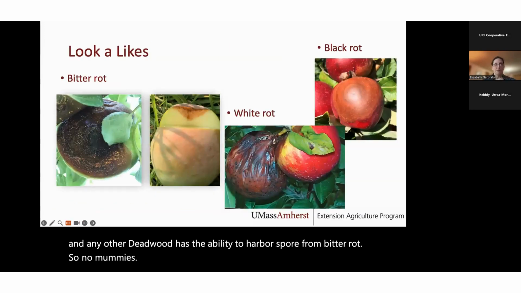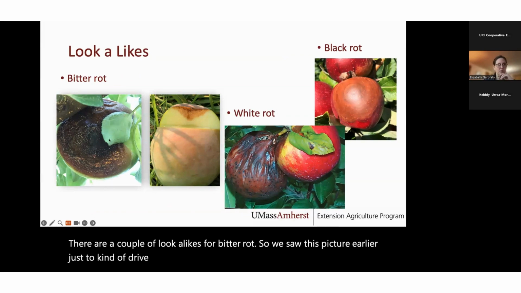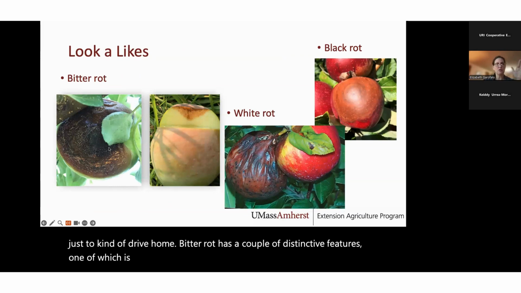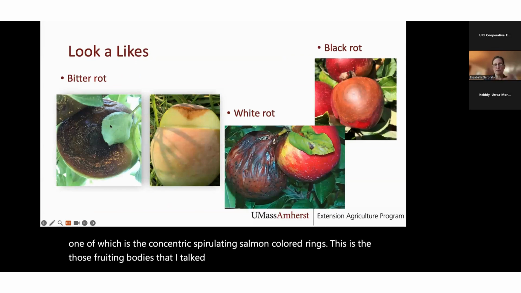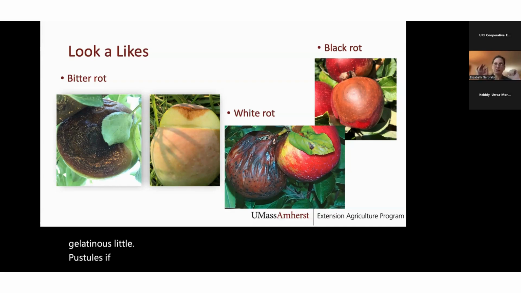There are a couple of lookalikes for bitter rot. We saw this picture earlier just to kind of drive home. Bitter rot has a couple of distinctive features, one of which is the concentric sporulating salmon-colored rings. These are those fruiting bodies that I talked about earlier that have burst forth from the tissue and they're spitting out their spore. And their spore is these gelatinous little pustules, if you will, of inoculum.